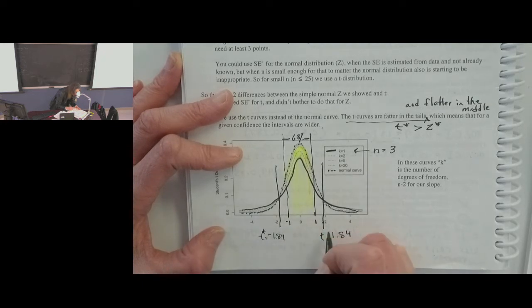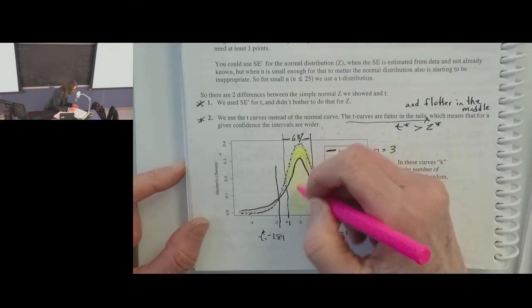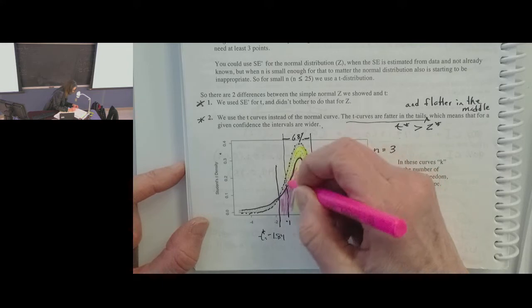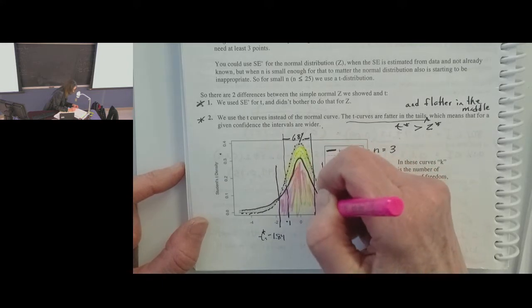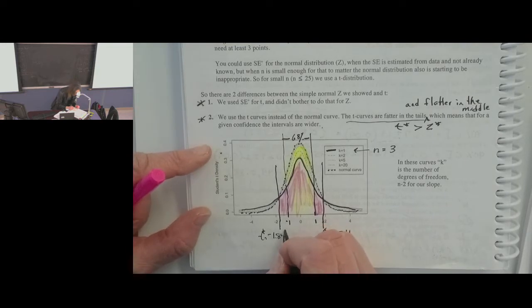That would be t star for 68%. Let's get a different color in here. This area is shorter there, but it's fatter on the edges. So this area right here is also 68%, but you have to have a wider interval.